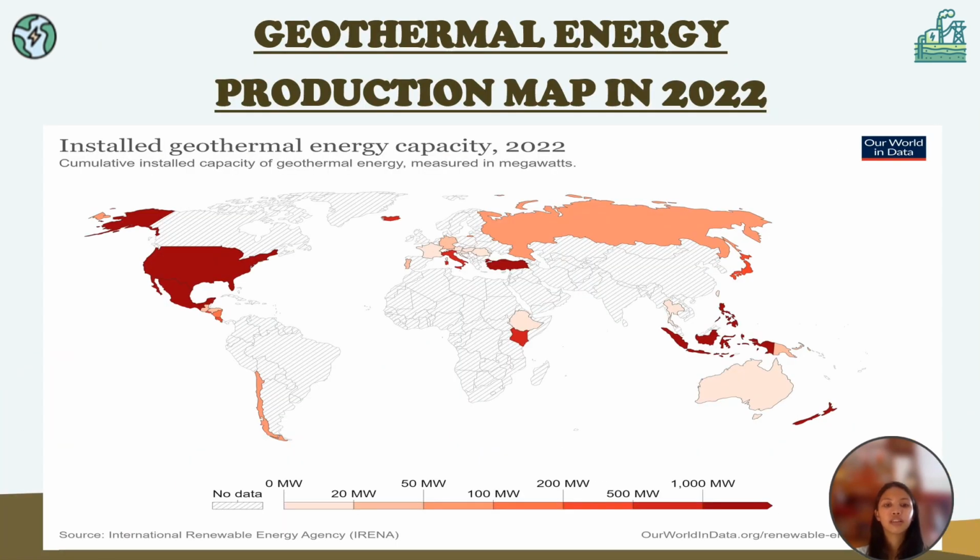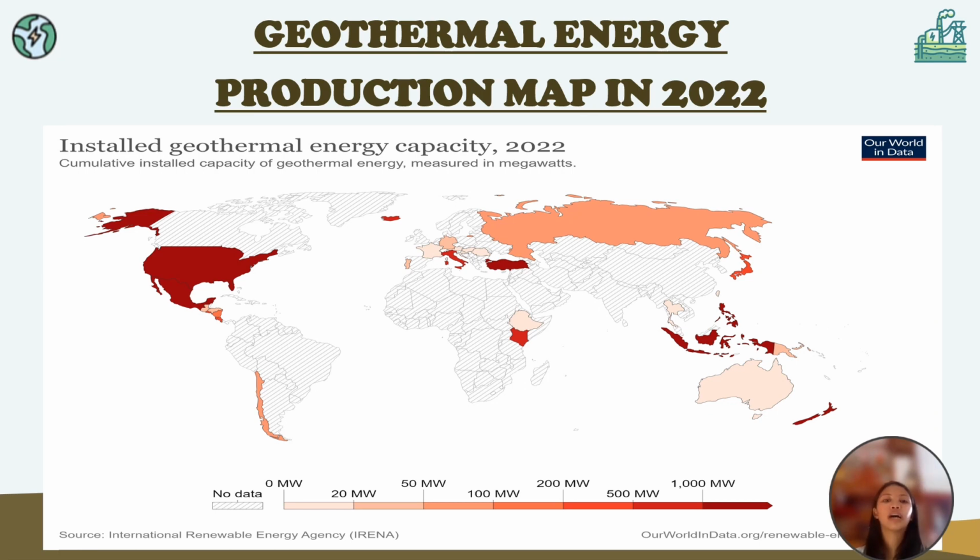So, this map in the slide offers a geographic perspective, highlighting the top 10 countries driving this growth. Among them, the United States, Indonesia, and the Philippines have stood out. So dark red here are the Philippines, Indonesia, and United States.